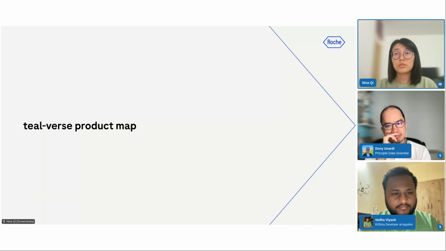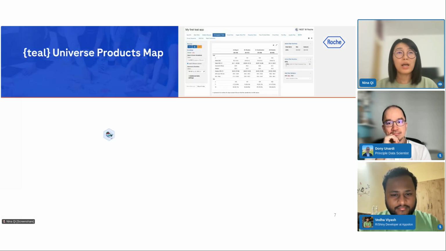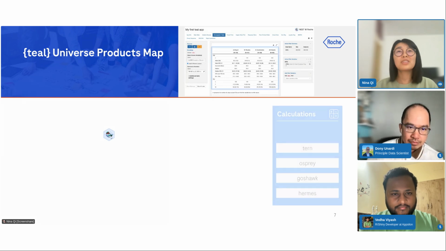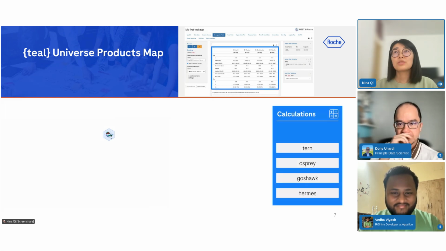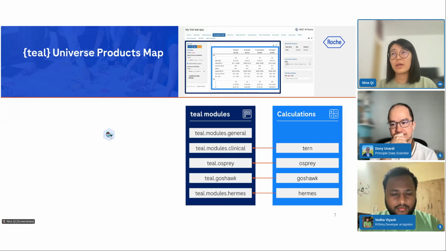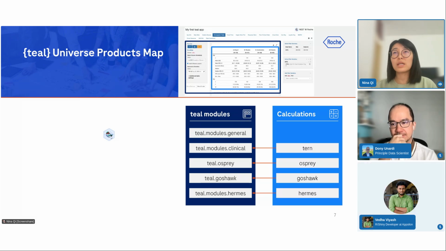And with Teal, we have a tealverse product map. So in the very middle, the calculation is done by a series of packages for the static calculation. And then Teal module packages are the ones that add in the interactivity and the Shiny component on top of what's being calculated.